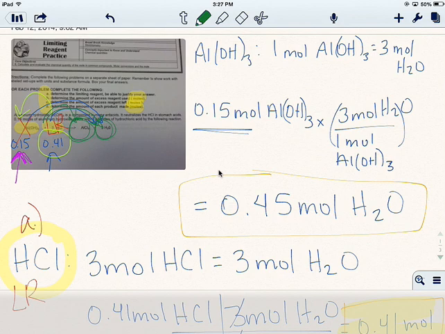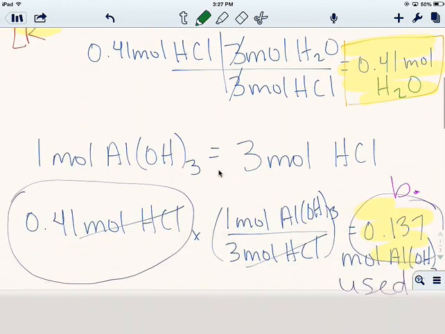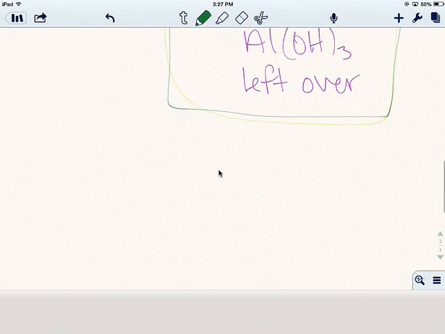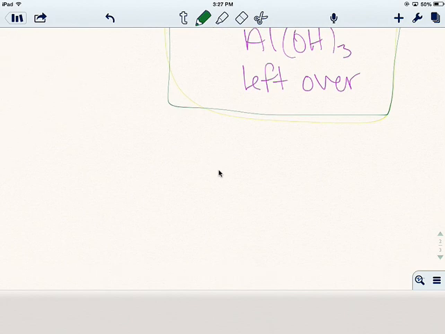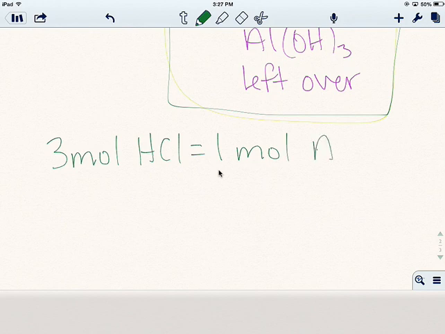How much aluminum chloride will be produced? Well, the mole ratio between those two is 3 to 1. So, excuse me, let me get some fresh page here. For every 3 moles HCl, I get 1 mole aluminum chloride.